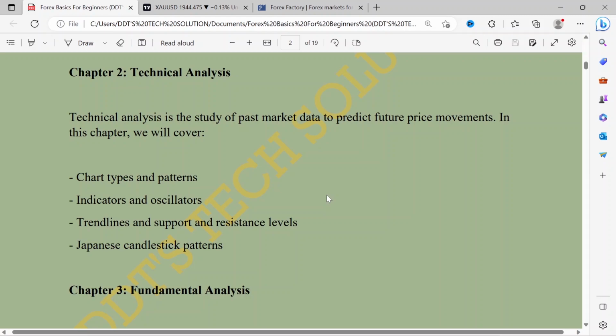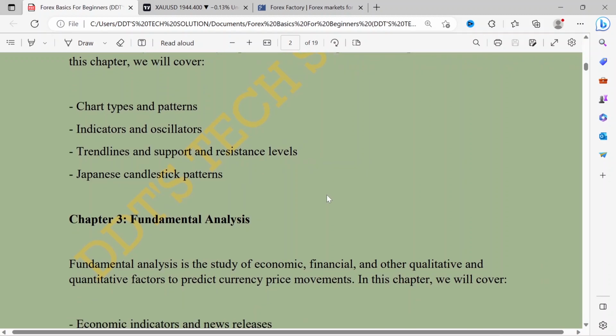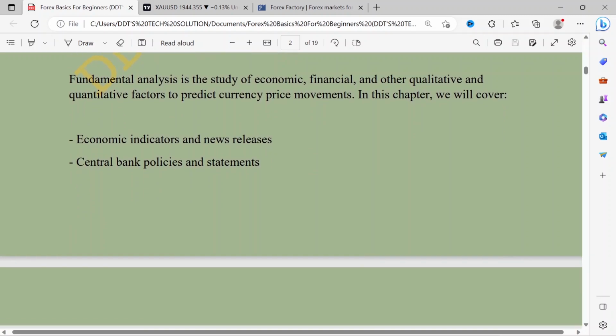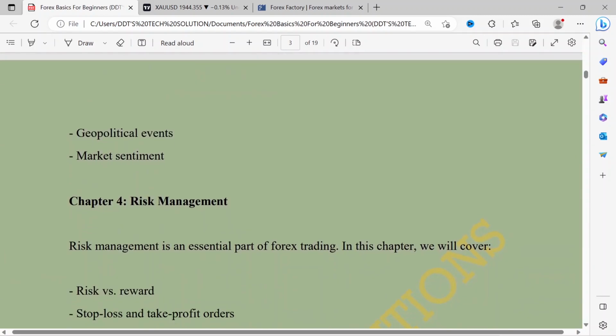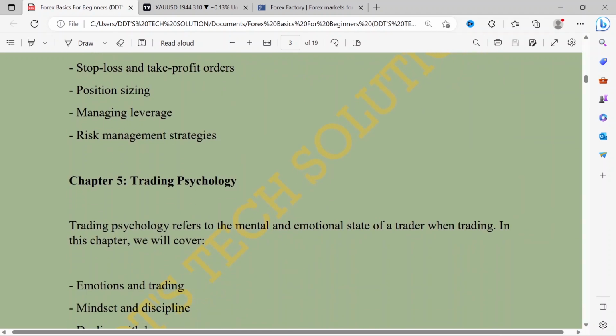Then coming to chapter 2 of the ebook, that is technical analysis. So we're going to look at the chart types and patterns, the indicators and oscillators, and also some few things under them. Talking about the fundamentals, that's about news and other major news that you can trade on. And then risk management, using stop loss and position sizing.